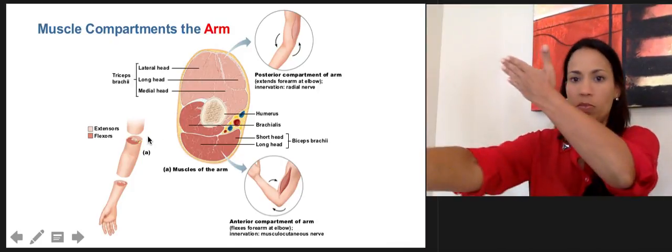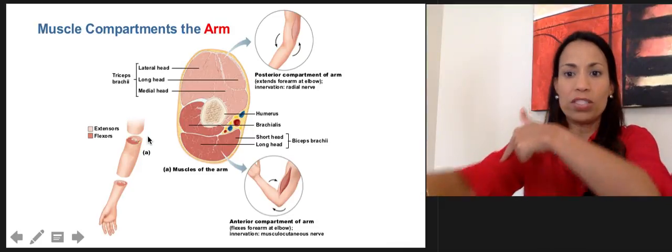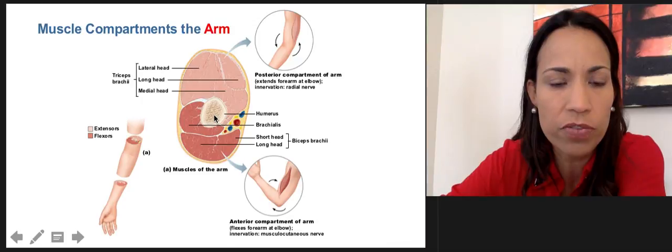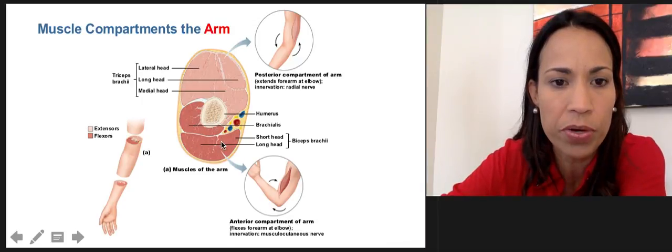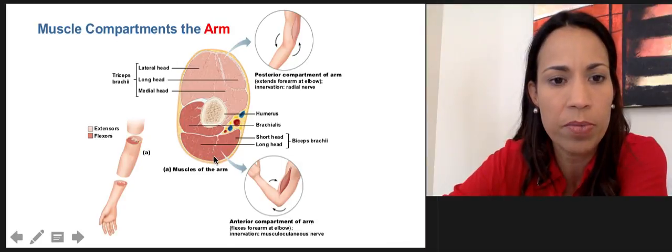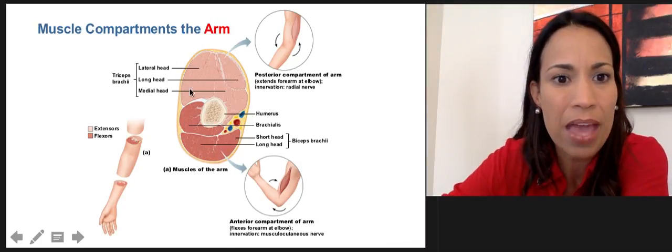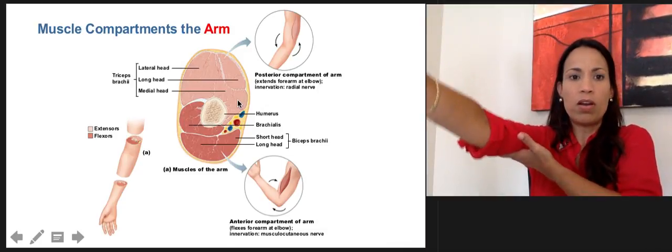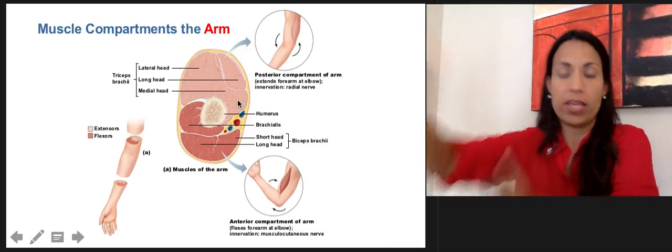It's like you cut my arm like that. So you can see right in the middle, this is the humerus, the transverse section of the humerus. All of this is anterior. The anterior muscles are located in there. Here are the brachialis and biceps brachii. And posteriorly, behind the humerus, is the triceps brachii.